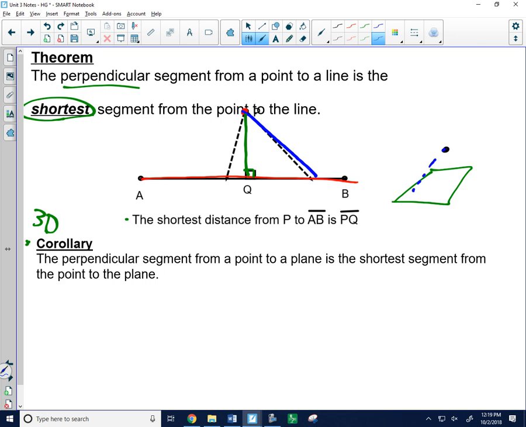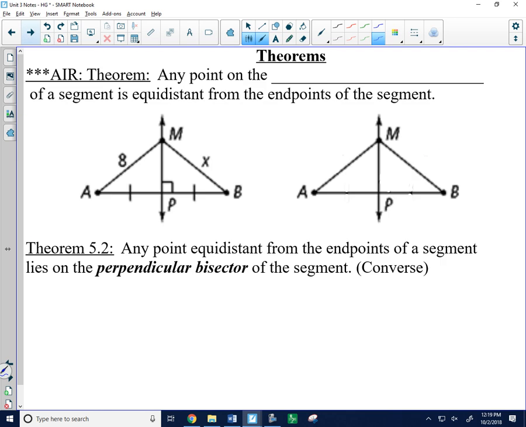The shortest distance is straight down at a right angle. So that's what it says here. The perpendicular segment from a point to a plane is also the shortest segment. Make sense overall, right? It's not something I would test you on, but it comes up in a theorem in a second, where we have to know that the perpendicular segment is the shortest.